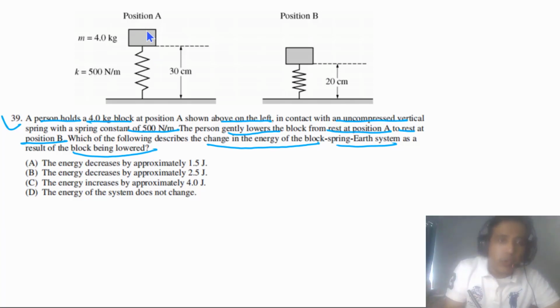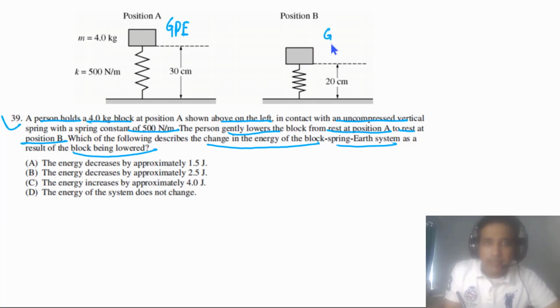When the block is at this point, the spring is not compressed, so the only energy this system has is GPE. And when the block is at this point, it has GPE and also it has EPE.